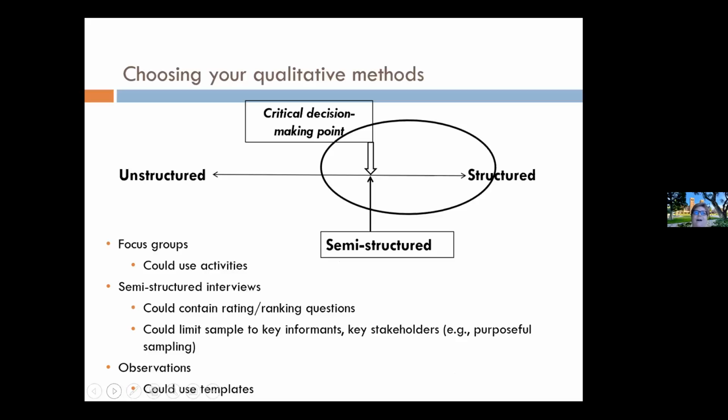So there's no valuing of one set of methods over another. It's just saying, what is the right set of methods for the question that I have? What I would argue with rapid work is that it's going to work better when the methods that you're choosing fall in the semi-structured to structured side of the spectrum. So that's a very important point. What you'll see is that the rapid analysis approach is a structured approach, right?